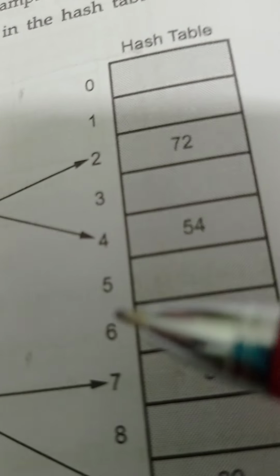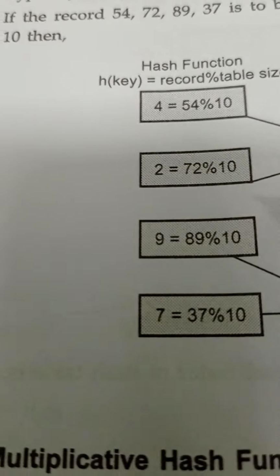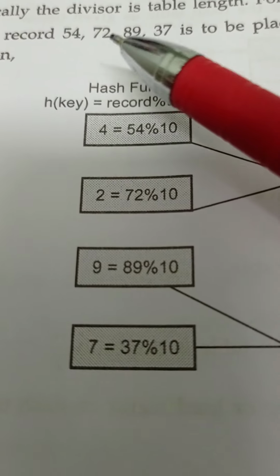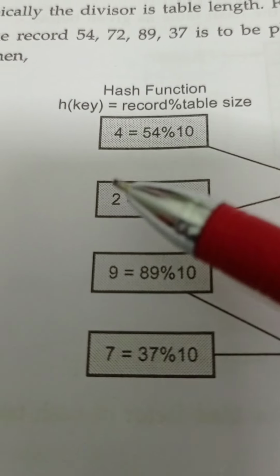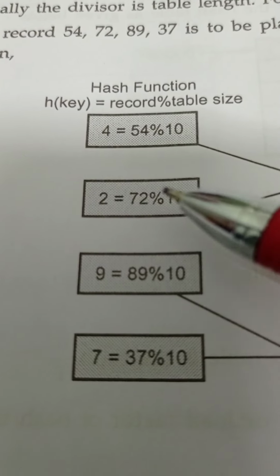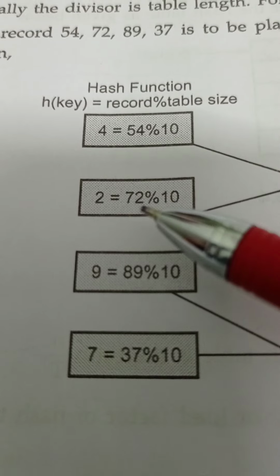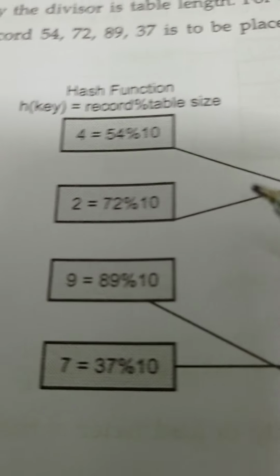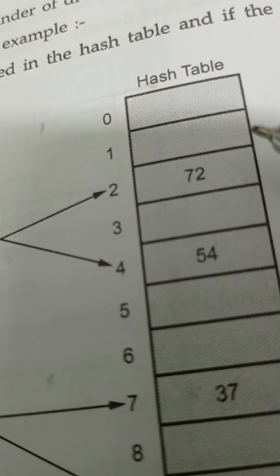Now the element 72. In which location do we have to store it? 72 modulus 10. When we divide 72 by 10, the remainder will be 2, so we have to place this 72 in the second location.